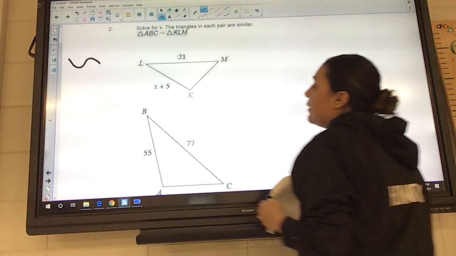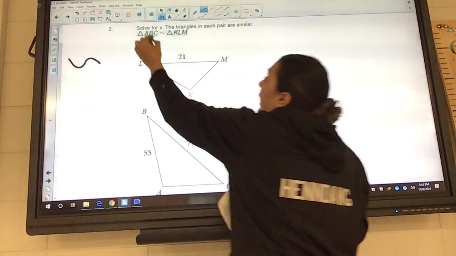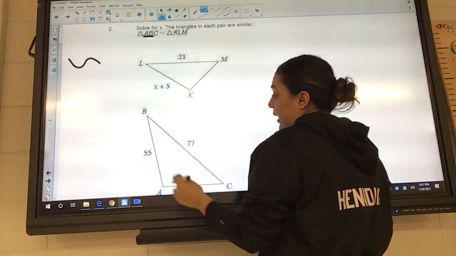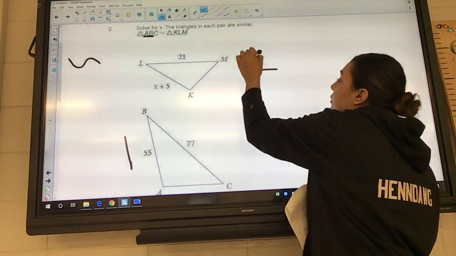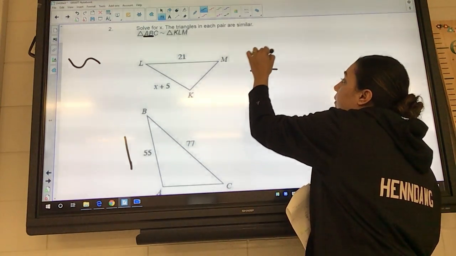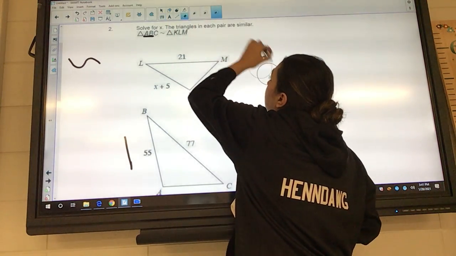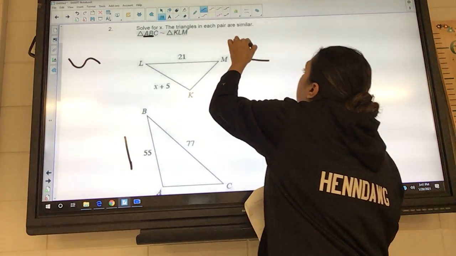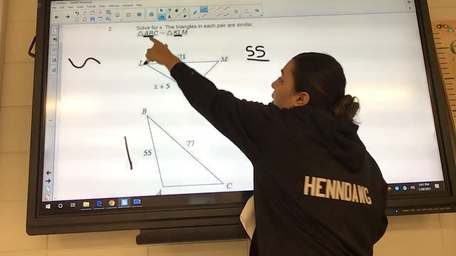Since we know that they're similar, they have a ratio. And so we have AB, which is going to be this side, is 55. We know from our congruency stuff that KL matches up to AB.